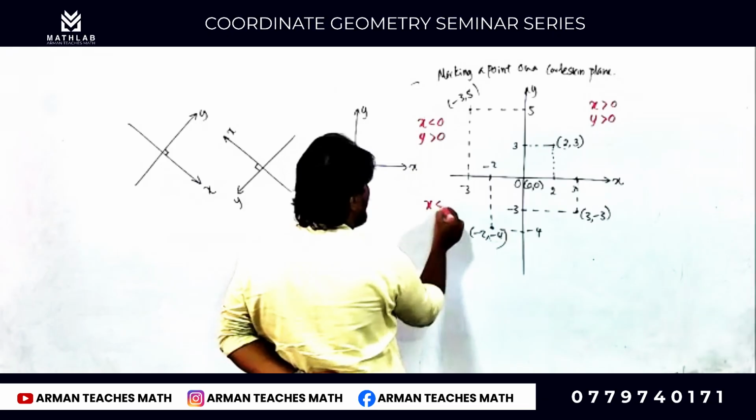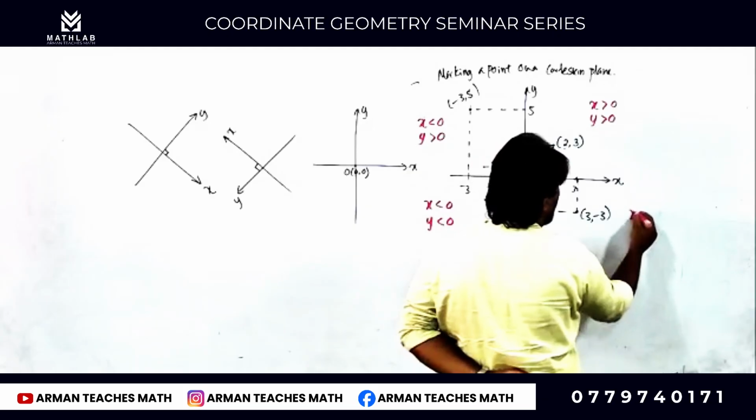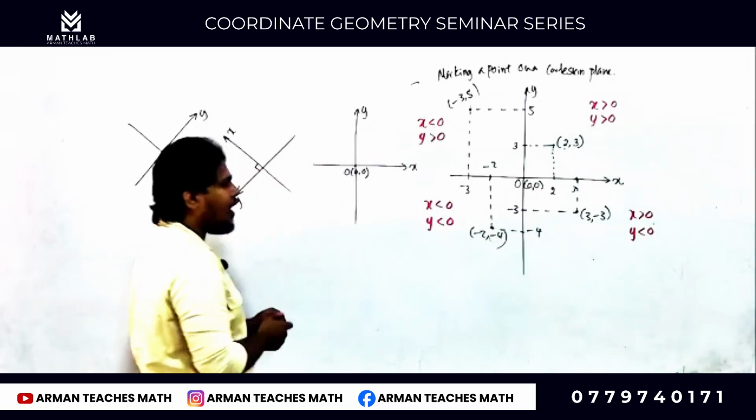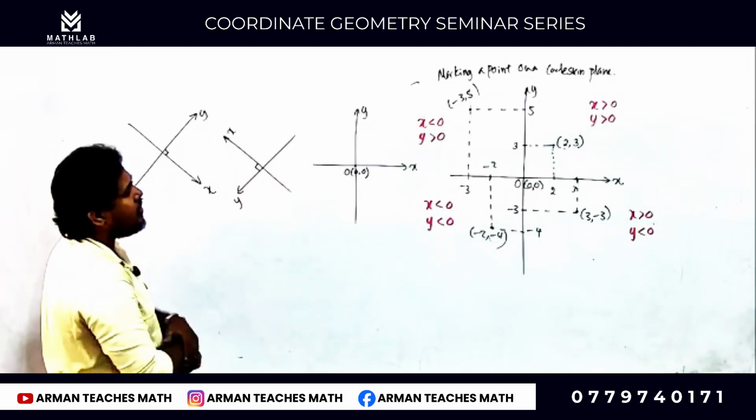Here, x coordinates are negative and y coordinates are negative. In this region, x coordinates are positive and y coordinates are negative. So you should have a basic idea of these regions.